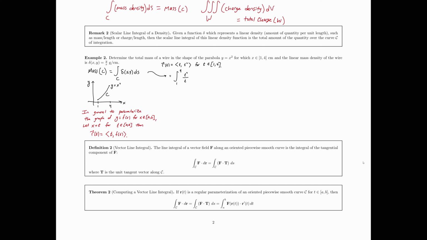I'll do this over here. So r prime of t equals 1 comma 2t. So the magnitude of this is the square root of 1 plus 4t squared. You can simplify this really quickly by canceling one of those t's. And then this is a Calc 1 integral. Just let u equal 1 plus 4t squared.